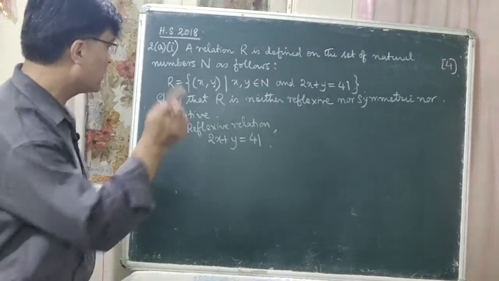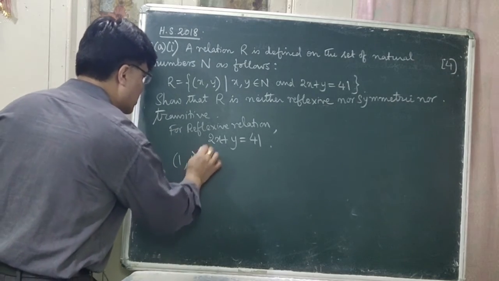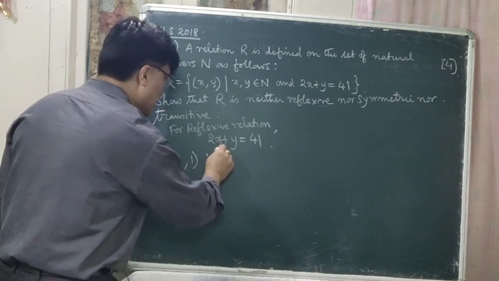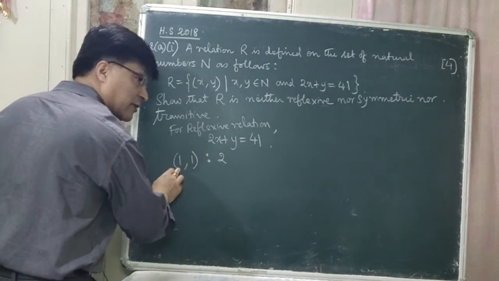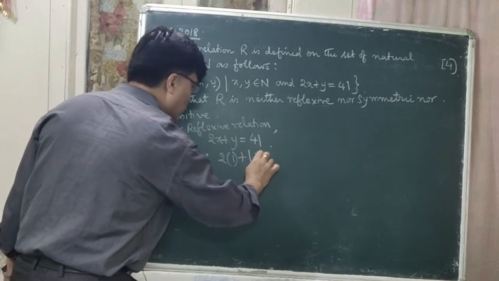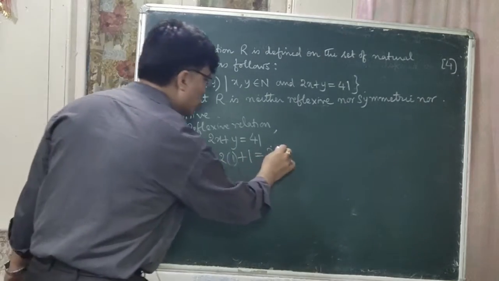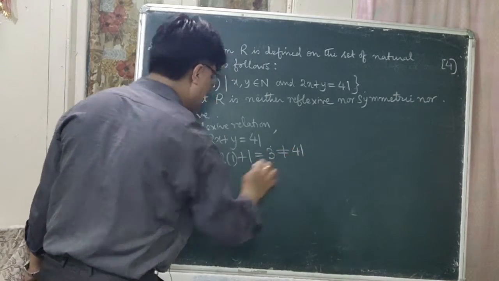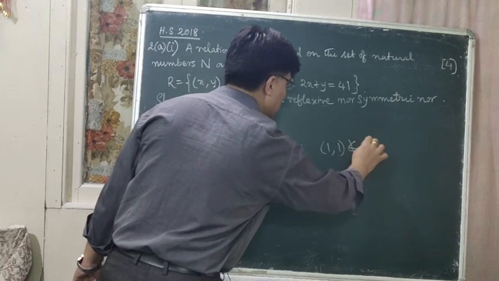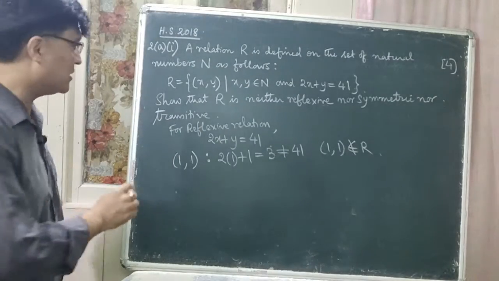So can you check that 1 comma 1 belongs to this relation, such that 2 into the value of x, that is 1, plus the value of y, that is also 1, is equal to 3. 2 ones are 2 plus 1 is 3, which is not equal to 41. That means 1 comma 1 does not belong to the relation R. That means R is not reflexive.